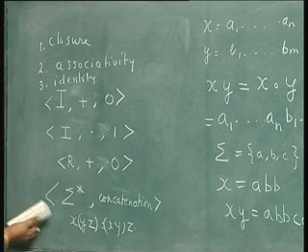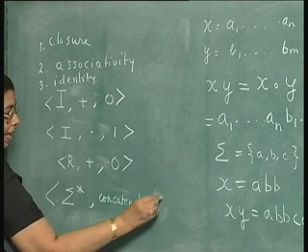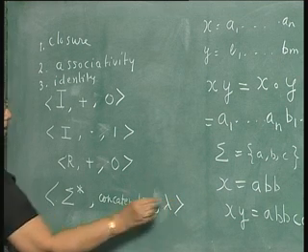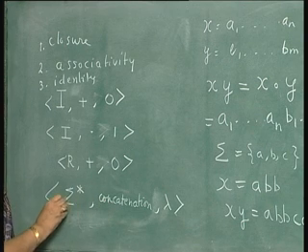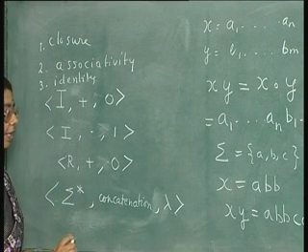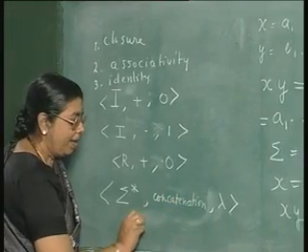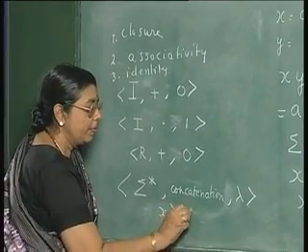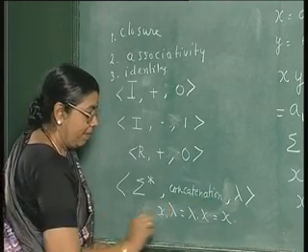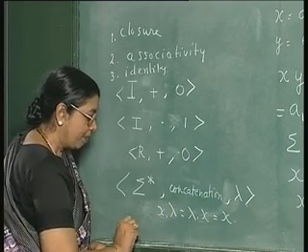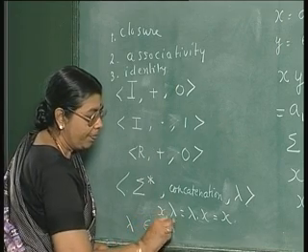If you take concatenation operation in sigma star and then take the identity element as lambda or the empty word, we have already seen that with respect to concatenation sigma star has the associative property. But you see that if you take the empty word lambda, x dot lambda is equal to lambda dot x is equal to x, where lambda is the empty word. Lambda is sometimes also denoted by epsilon, that is called the empty word.